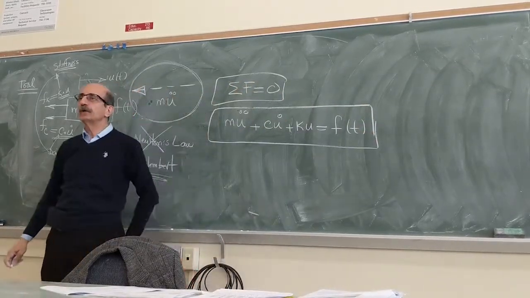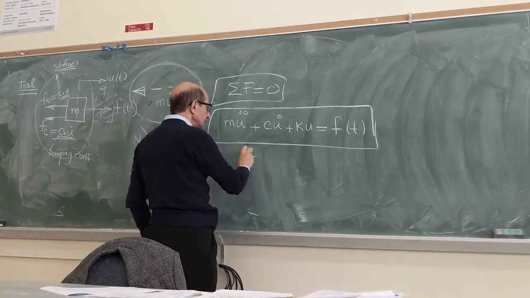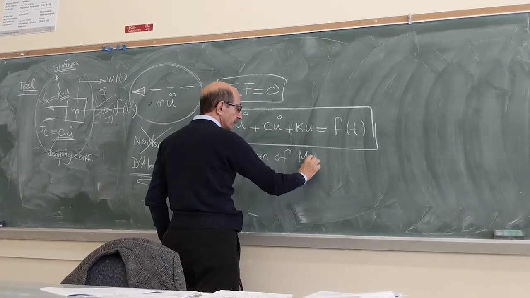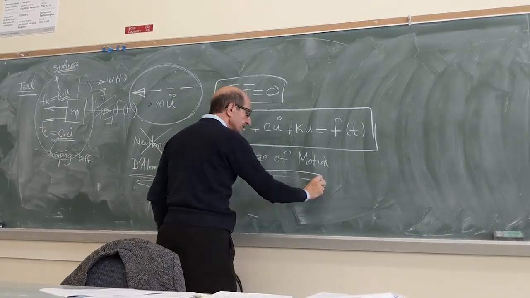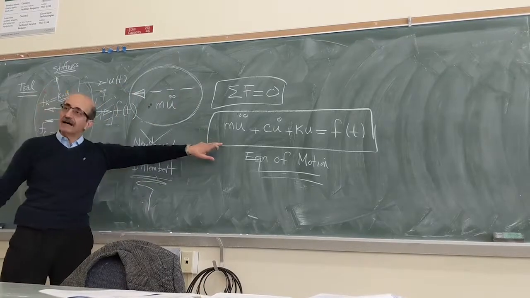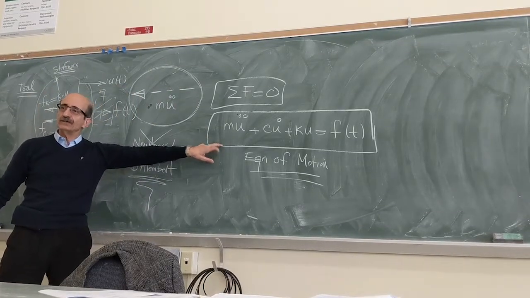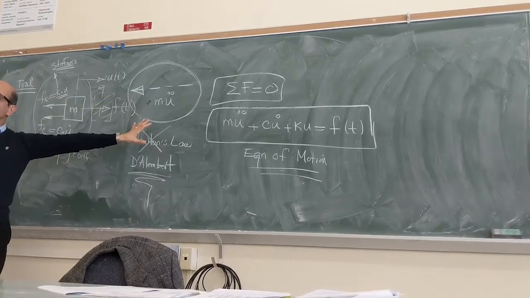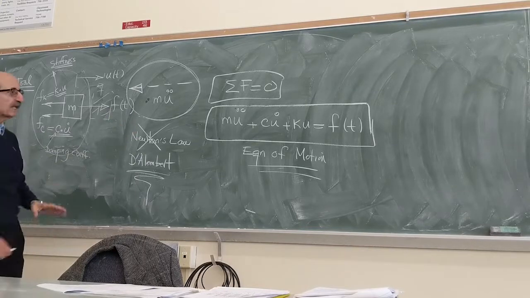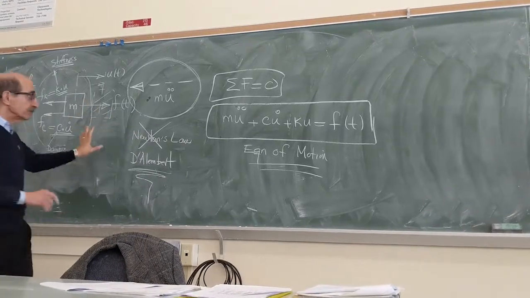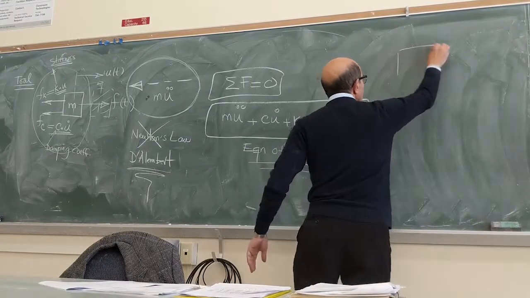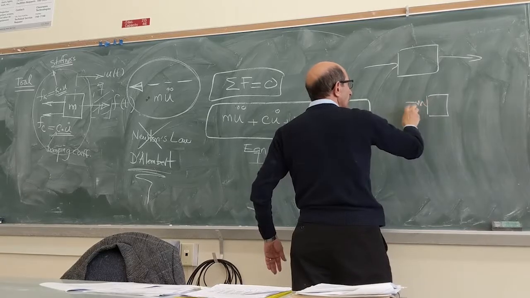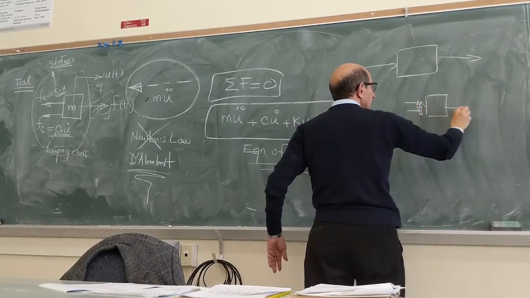This differential equation, which we call the equation of motion, is what? This is the mathematical representation of this entire system, the input and the response. Look at it. It has all the information of that schematic diagram and the model that we set up.